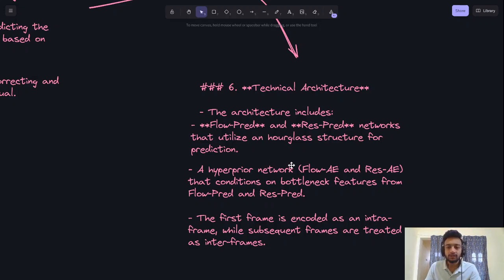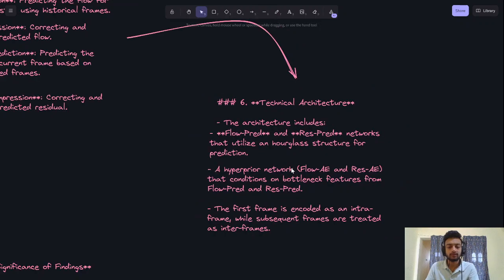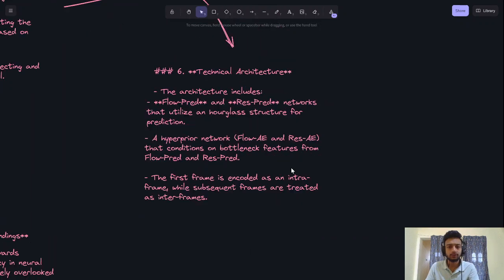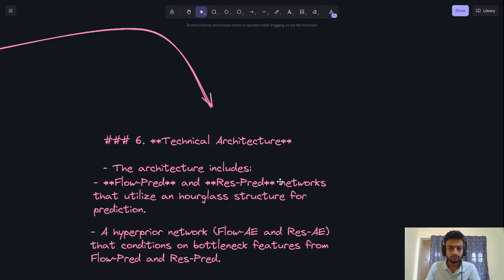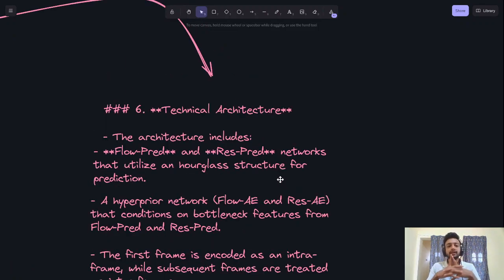Talking about artificial intelligence, it always has some technical architecture, some models, some LLMs, some big dataset models which we use for compressing. I'll just quickly get this onto the main screen. The architecture includes flow prediction and residual prediction networks that utilize an hourglass structure for prediction.